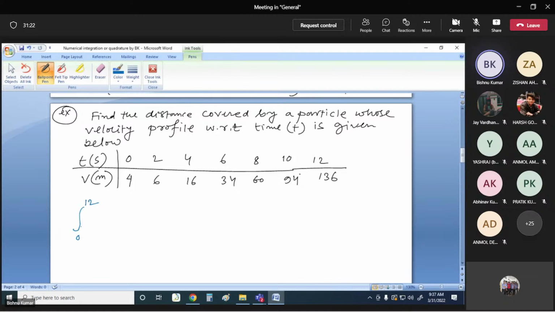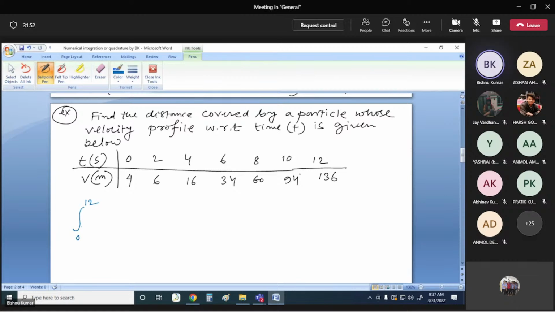So how will you do this integration? You have to obviously use the numerical integration process, because you know the v value only at some discrete points. You don't have the data of a continuous function mathematically. So whatever distance you calculate will be an approximate in this method, a better approximate in this method. Okay.